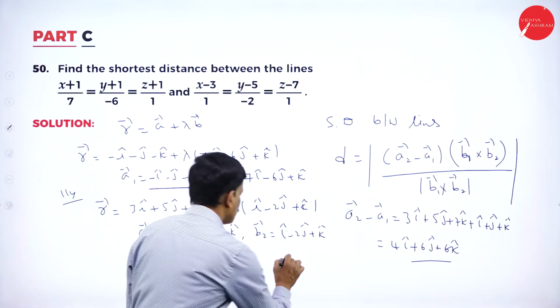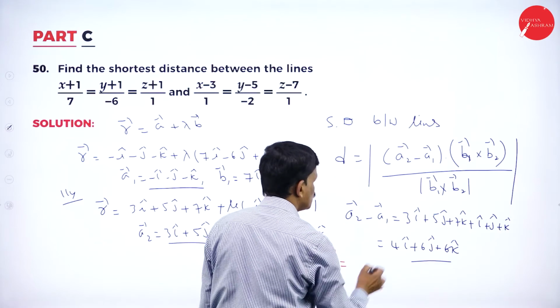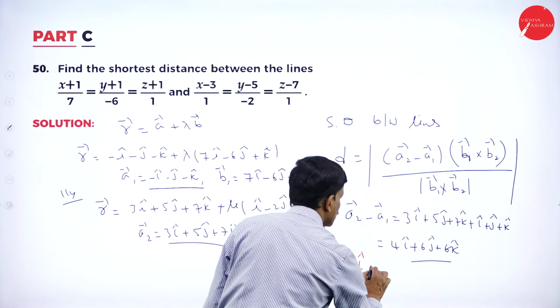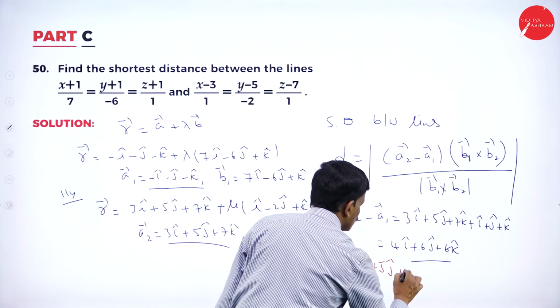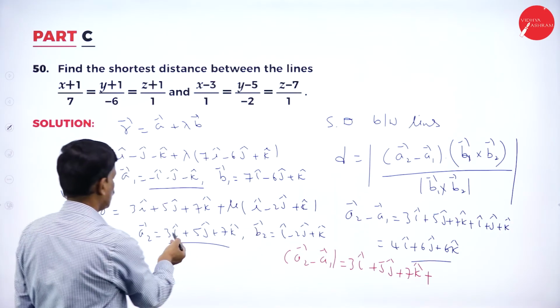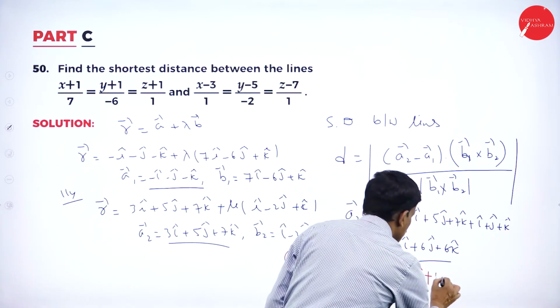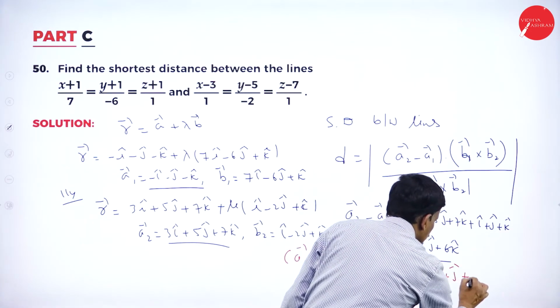Now find out a2 minus a1 vector. What is a2 minus a1? A2 is 3i plus 5j plus 7k. Subtract: minus and minus and minus. If you subtract, minus becomes plus, plus i plus j plus k.